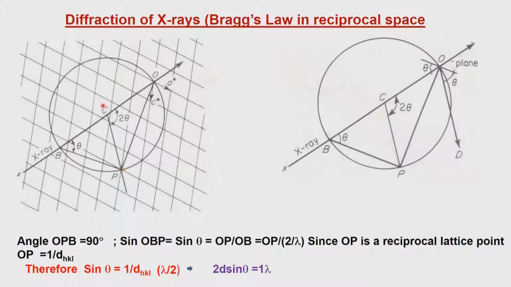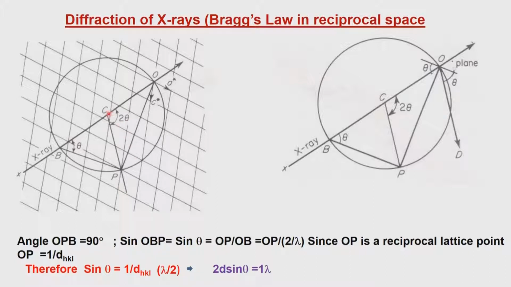Whenever there is a reciprocal lattice point in this reciprocal net which cuts the circumference of the Ewald sphere, which is drawn with a radius of 1 divided by lambda, that particular point will be a point from which diffraction can come out. That means, it will be a point corresponding to the vector H, the capital H, which we have discussed. And therefore, we see that there will be a diffraction in this direction.